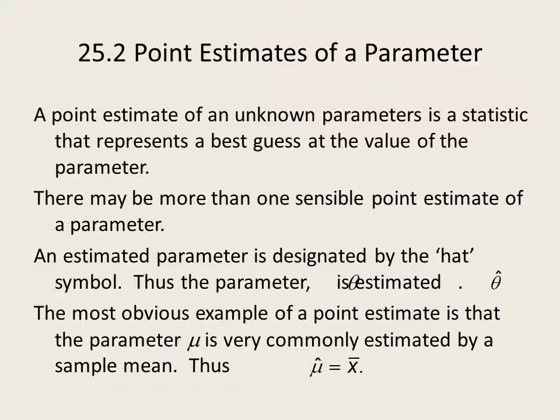So if we want a population mean, we'll often take a sample mean, x bar, and say our best estimate of the population mean is our sample mean. And that's really a straightforward thing, and we shouldn't make it too complicated. So coming up with a point estimate is a relatively straightforward task.